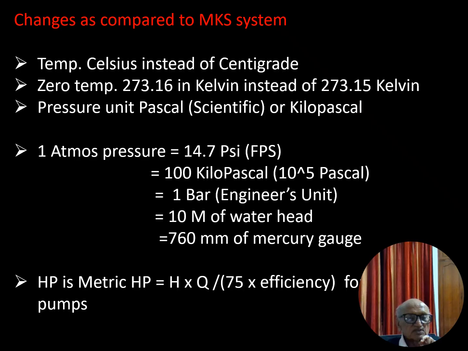Pressure unit is Pascal, scientific, or kilopascal, and for engineers it is bar. One atmospheric pressure is equal to 14.7 psi of the FPS system, 100 kilopascal equal to 1 bar, the engineer's unit, 10 meters of water head, and 760 mm of mercury.